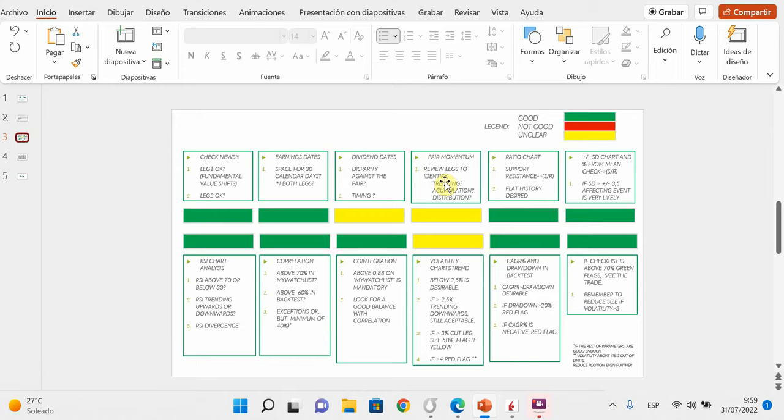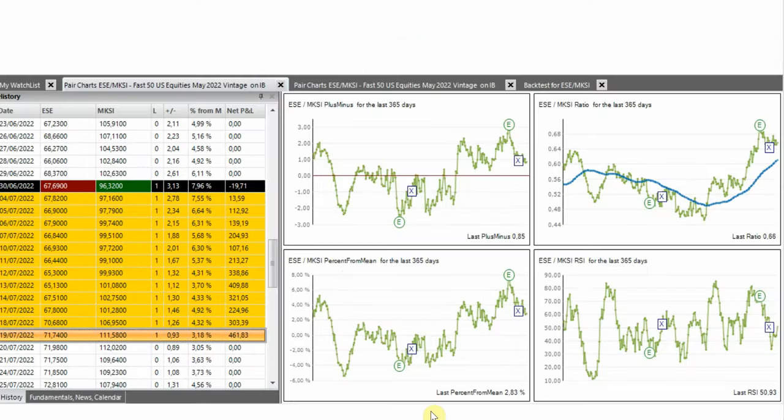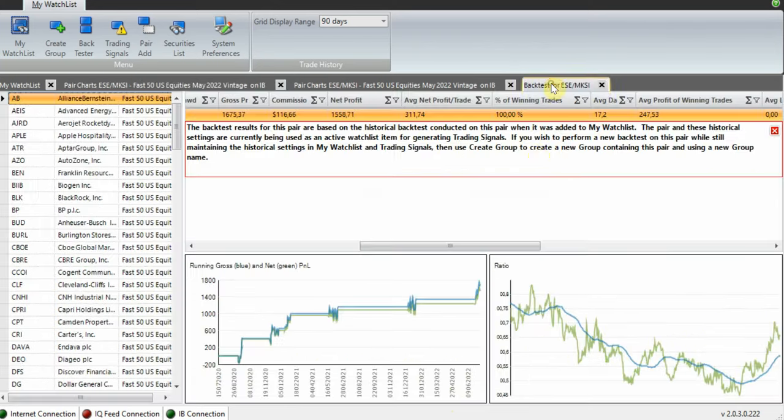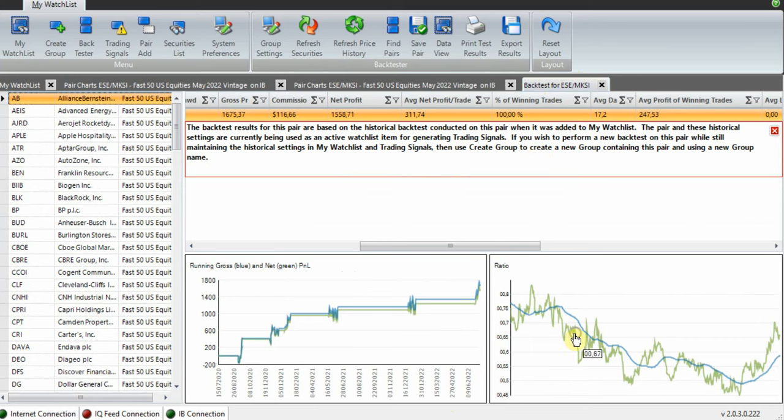Pair momentum is the next parameter we're going to analyze. So I go back again to the charts, and they are apparently not looking that good, as there is an upward trend in the last 3 to 4 months. But if we take a closer look at the backtest ratio curve, we observe that the pair has been trending down for almost the 2-year period.